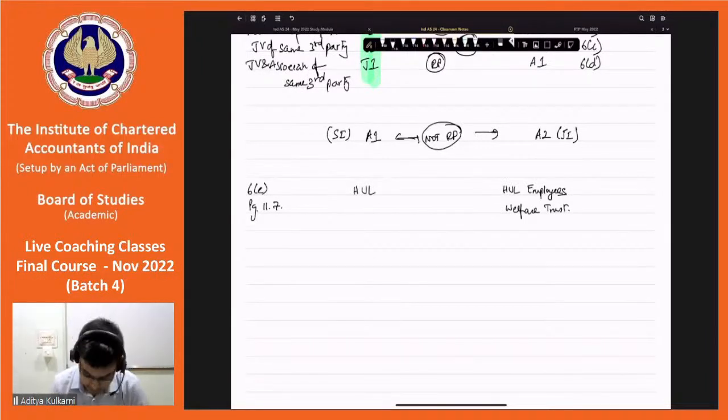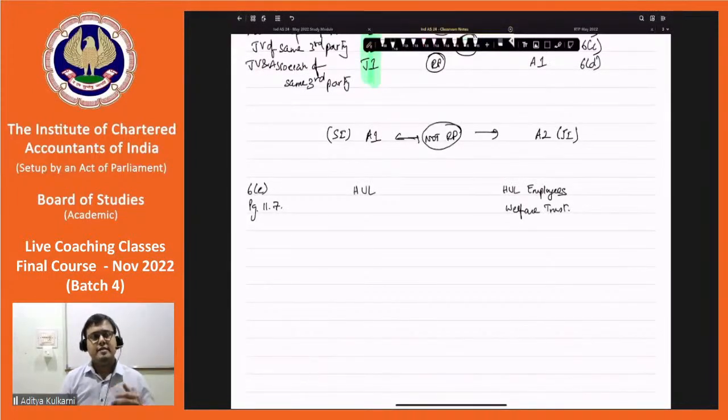So, HUL has an HUL Employees Welfare Trust. Normally you will study in Ind AS 19, or you would already have studied, that these entities provide gratuity, leave encashment, etc. So Ind AS 19 requires you to make an annual provision.